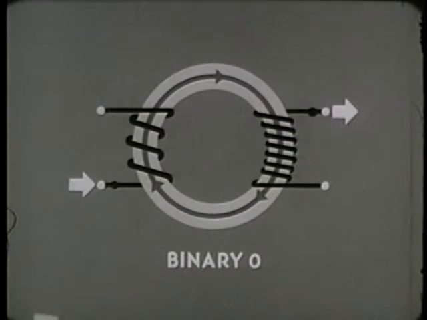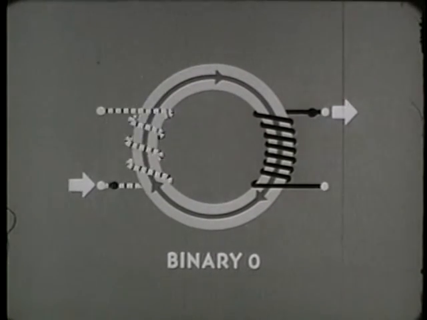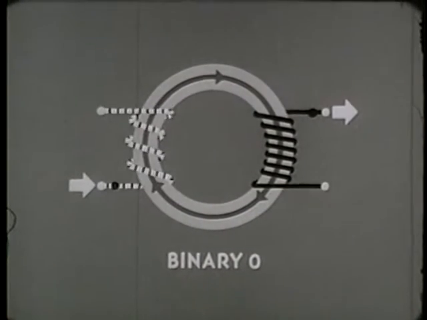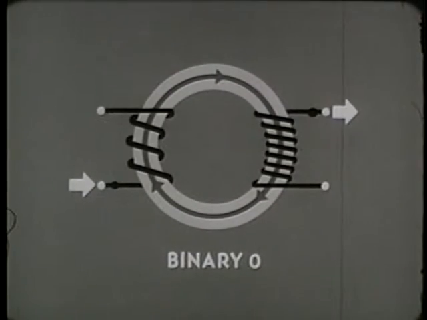When dot current moves into the input winding, it causes the current to move out the dot side of the output winding, provided the input current produces a change in flux. For example, our core is now set at binary 0, so a second pulse of dot current will have no practical effect. The core is already at the level of negative residual magnetism. There is no change in flux, and therefore no output current.